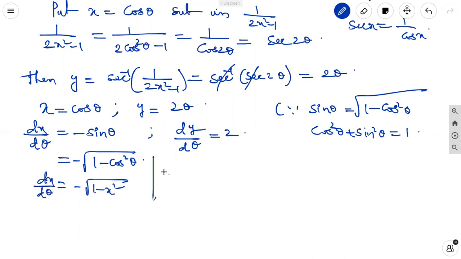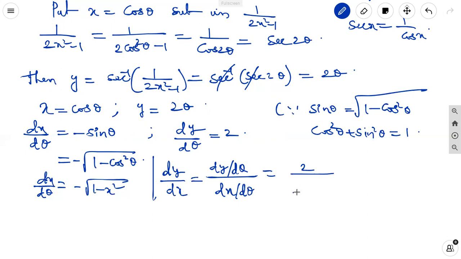Here dy by dx is nothing but dy by d theta by dx by d theta. Here dy by d theta is 2 by dx by d theta is minus 1 minus x square.